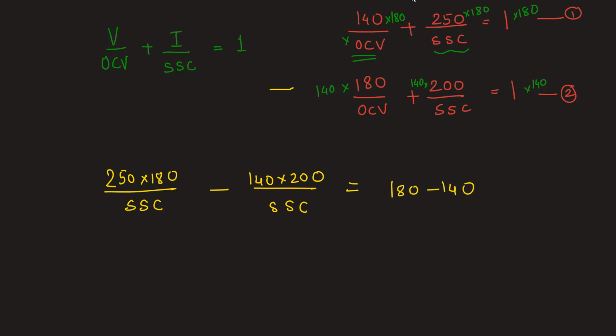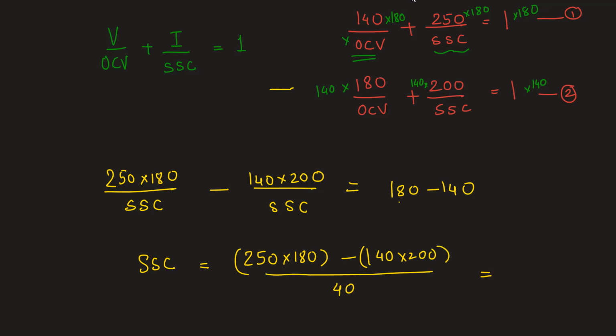So if we take 1 by SSC common and take it to the other side, we will have SSC equal to 250 into 180 minus 140 into 200, divided by 180 minus 140, which is 40. Carrying out this calculation, we get SSC is equal to 17,000 by 40, which gives us the answer for short circuit current as 425 ampere.